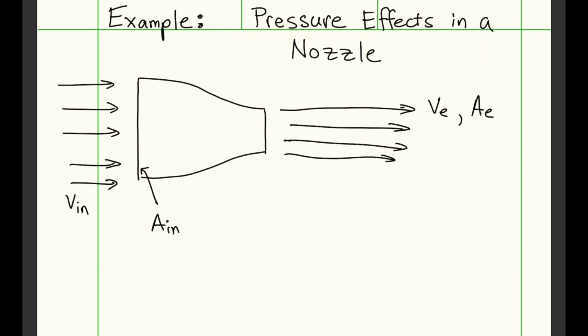So, let's just think about this for a second. If I'm thinking about conservation of linear momentum, I have relatively slow moving liquid that came in, and very fast moving liquid leaving. If I didn't know any better, I'd say that this had actually gained some linear momentum.